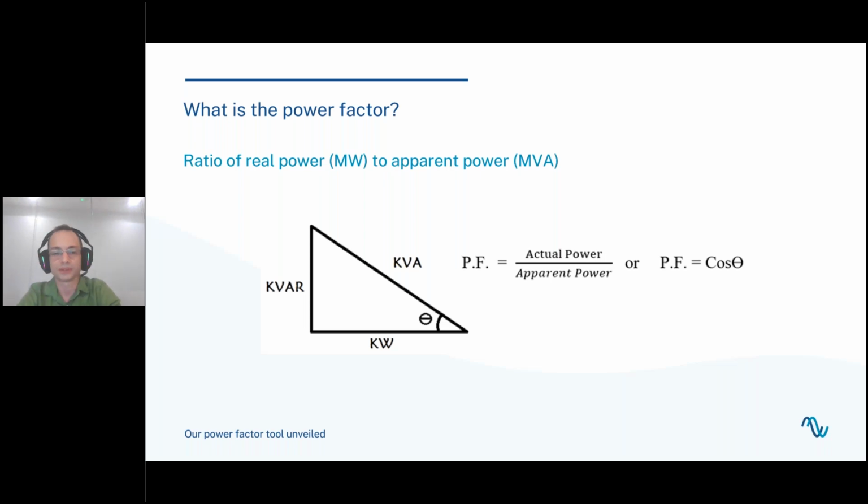First of all, we need to know the definition of power factor. Power factor is the ratio between the real power and the apparent power that we have at the output of a system or at the input of a system. This can be shown with a small triangle in which the hypotenuse is the apparent power, and the straight line that you see below is the active power.